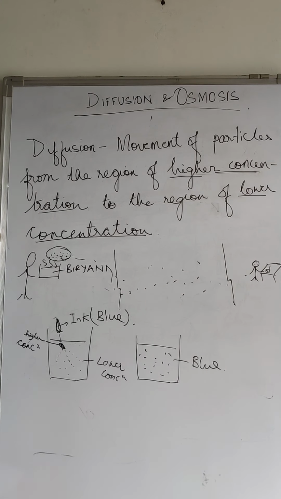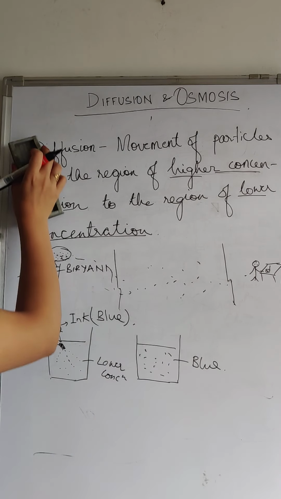This is diffusion. In plants, exchange of gases like carbon dioxide and oxygen takes place with the help of diffusion. You got it? Now, let's come to another topic, that is osmosis.